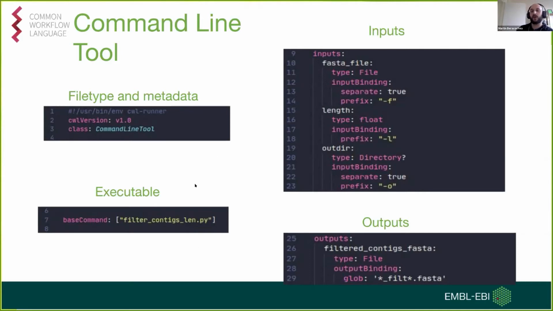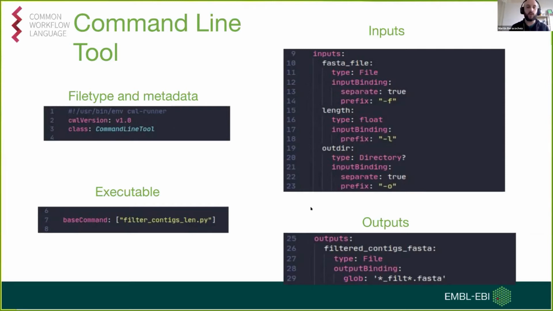Then you will need to define the inputs of that tool and the outputs. And for each input, you will define what type of data it is. In this example, the FASTA file is a file, and you then bind the different parameters of this script, and you specify all the different options in the input section of the file, and then the output of this file.